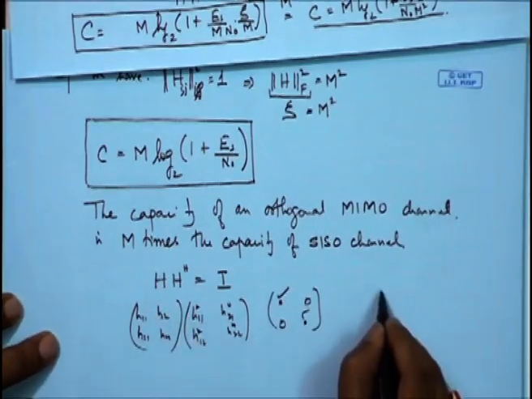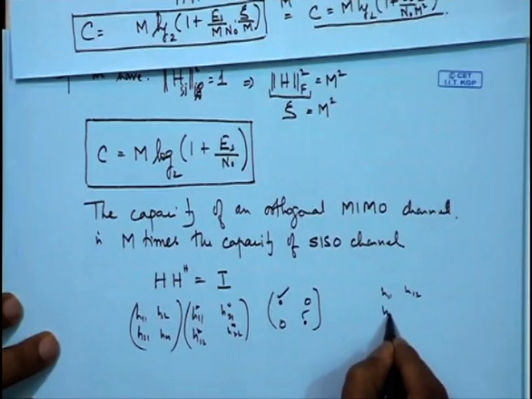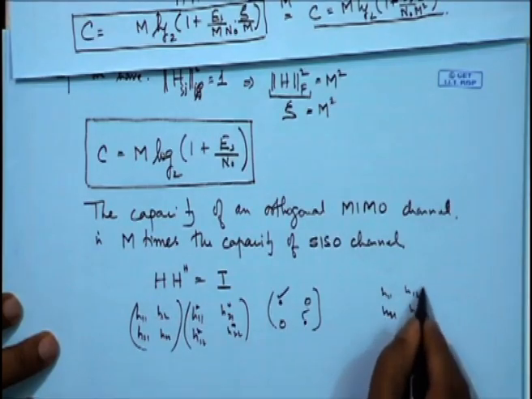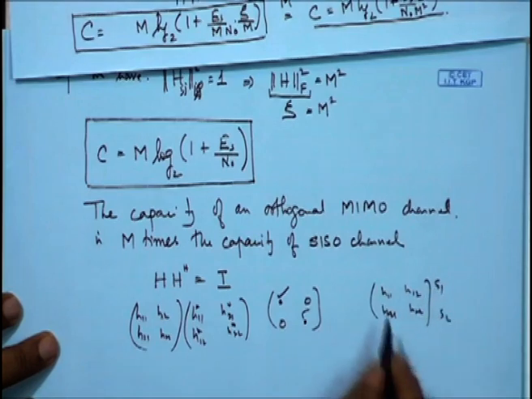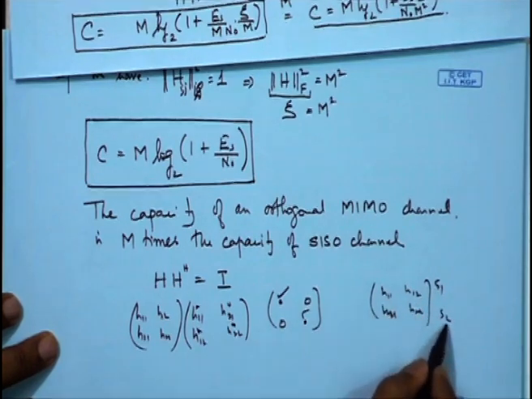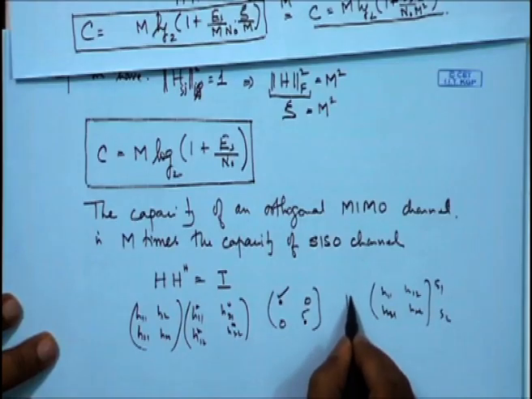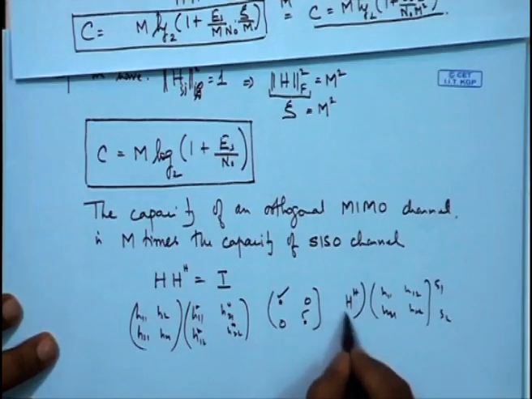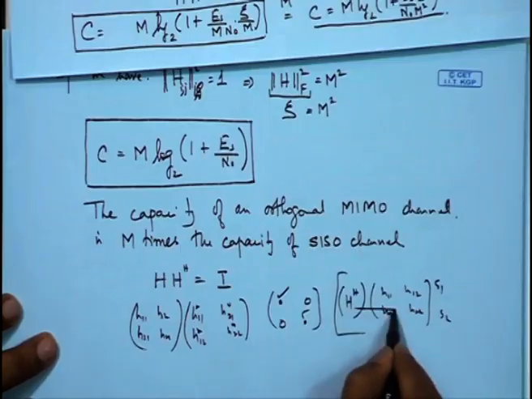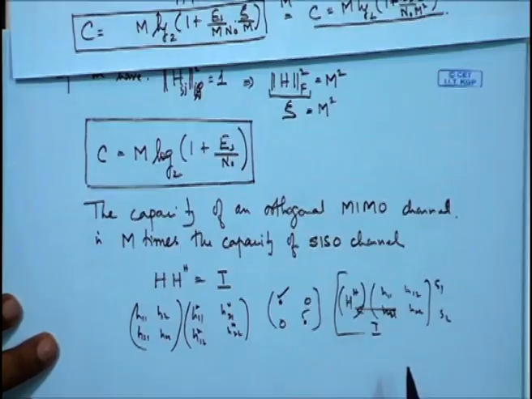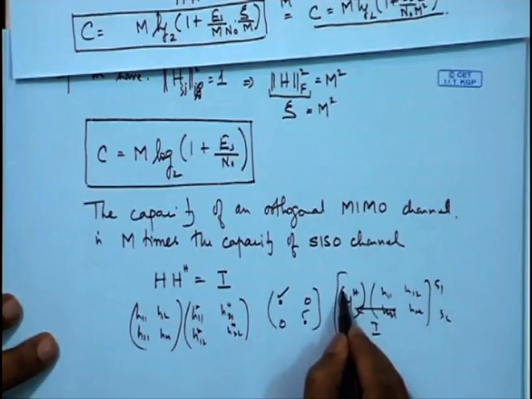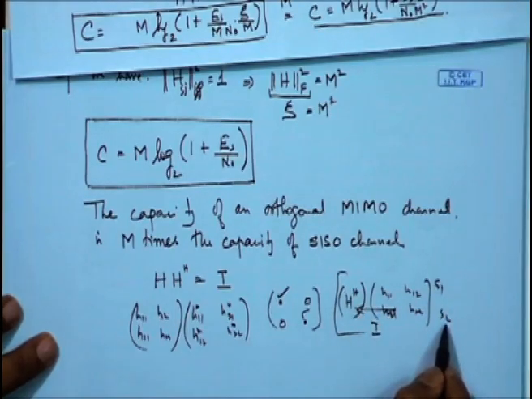So, when you are transmitting S1, S2 through H11, H12, H21, H22, you have H11 S1 plus H12 S2. When you transmit, at the receiver, when you process it, I would multiply by H Hermitian at the receiver for recovering it. This would result in an identity matrix, thereby indicating that S1 is decoded without having any influence of S2.